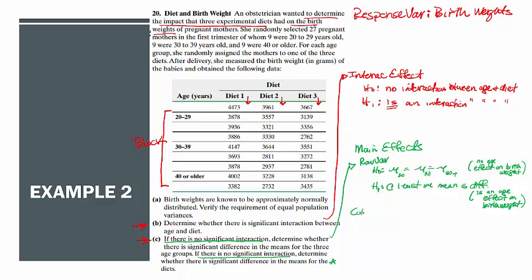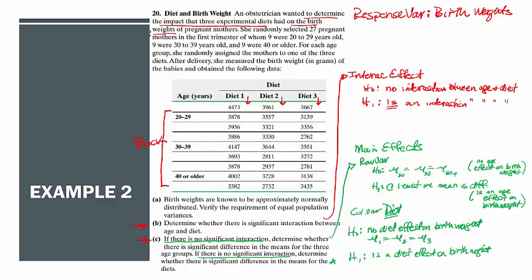And so now for the column variable, which is diet, which is really their main focus, I think, based on what's described at the beginning, the null hypothesis would be that there's no diet effect on birth weight, which implies that the mean for diet 1 is equal to the mean birth weight for diet 2 is equal to the mean birth weight for diet 3, against the alternative hypothesis that there is a diet effect on birth weight.